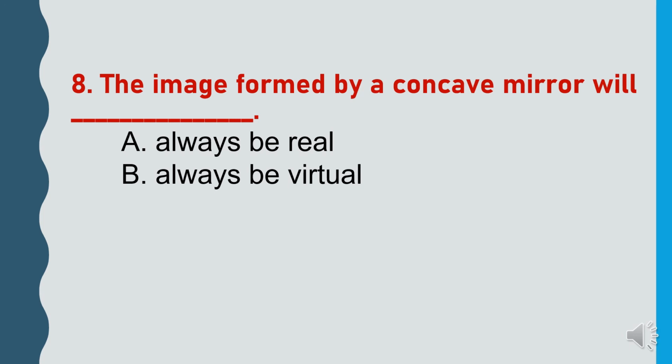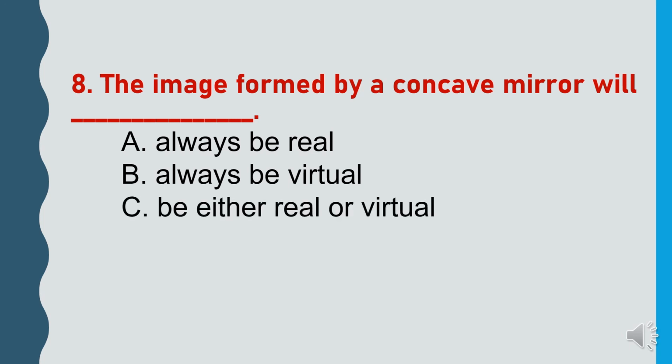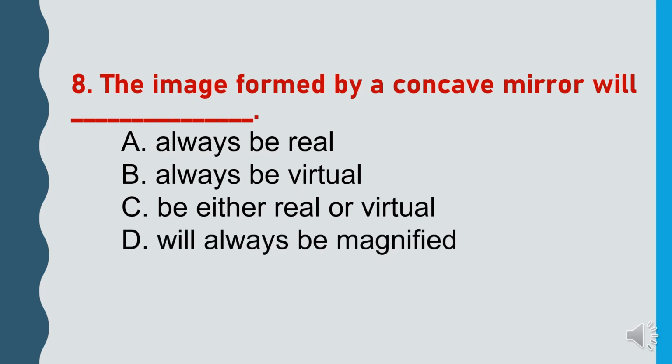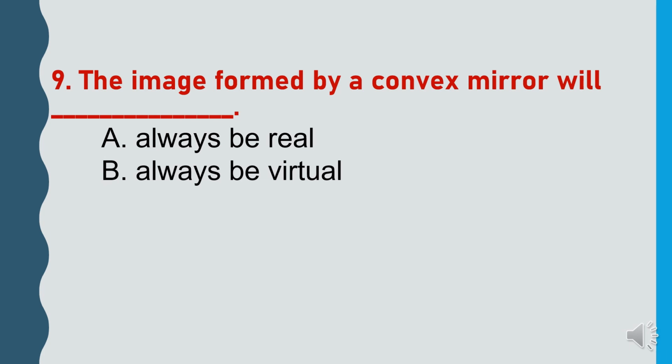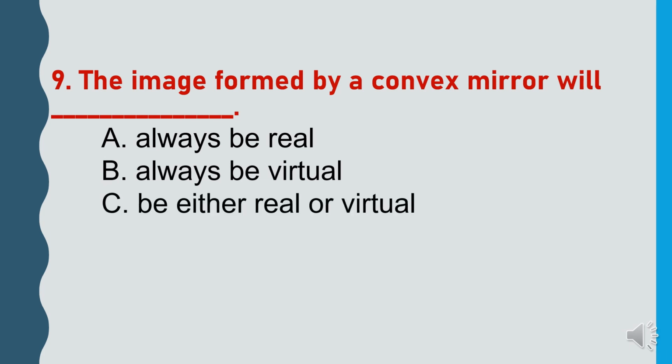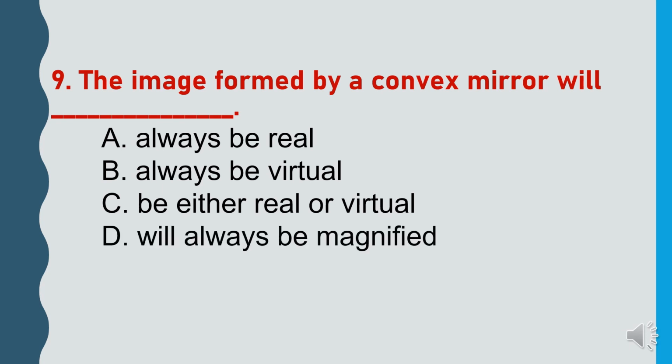B. Always be virtual. C. Be either real or virtual. D. Will always be magnified. 9. The image formed by a convex mirror will blank. A. Always be real. B. Always be virtual. C. Be either real or virtual. D. Will always be magnified.